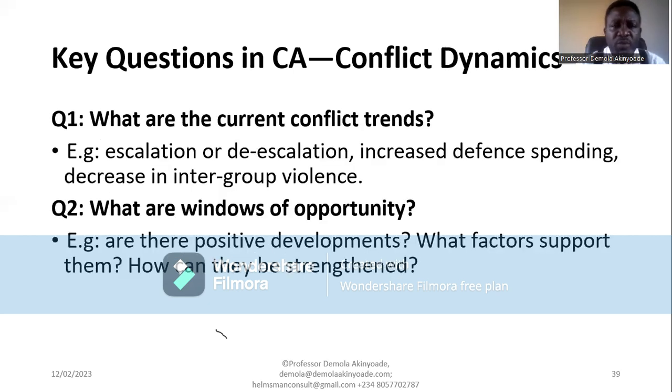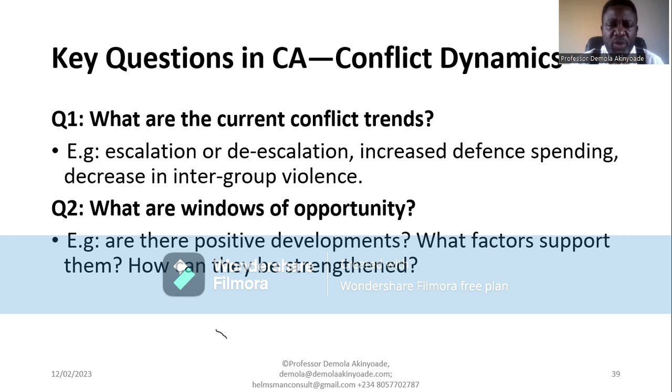about potential spoilers. Yes, we go to another element of conflict, which is dynamics. And dynamics has to do with the current trends. Is the conflict escalating or de-escalating? Is hostility increasing? And so on and so forth.